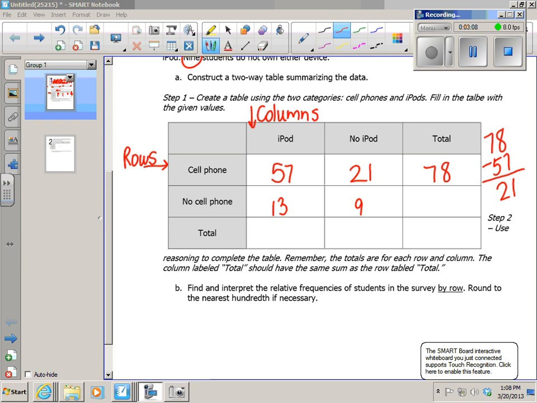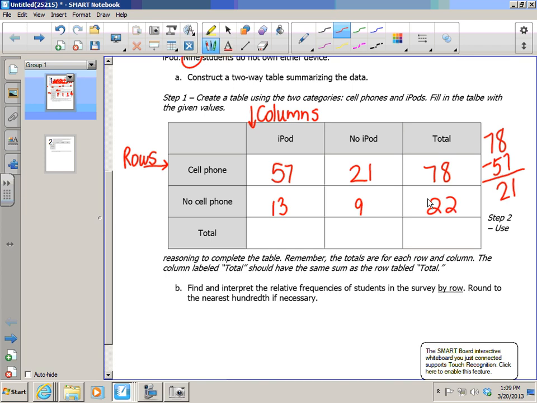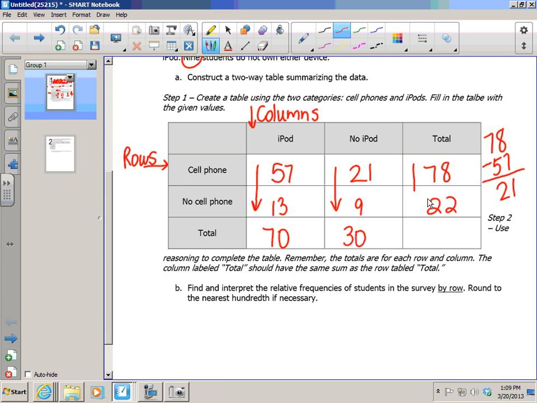And for no cell phones, we have 13 iPod, 9 no iPod, 22 total. And now let's figure out our totals. Adding them down, we get 70. Adding these down, we get 30. And adding these down and across, we get the same number, which is 100.